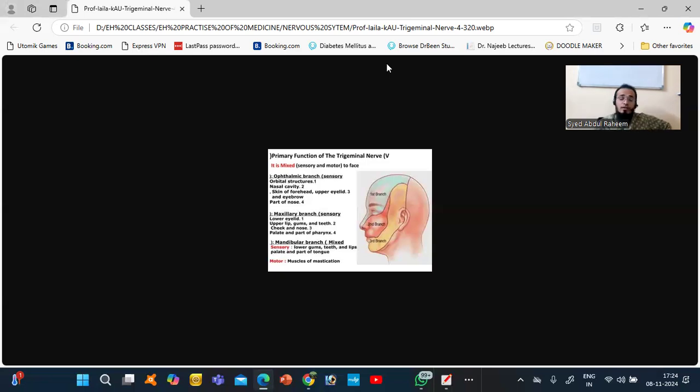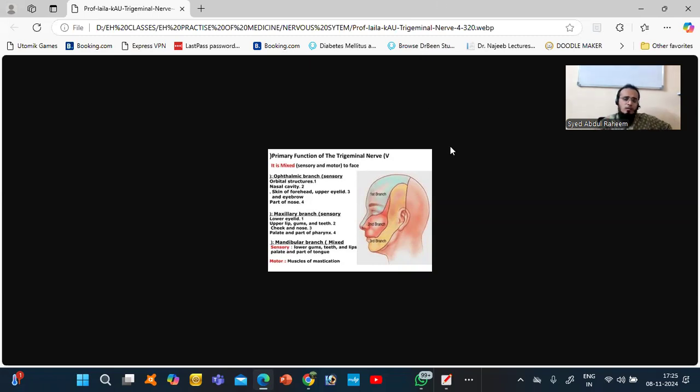I already told you the ophthalmic division, maxillary division, and mandibular division. These three divisions have a deep connection with our face. That's the reason this nerve is very, very important.